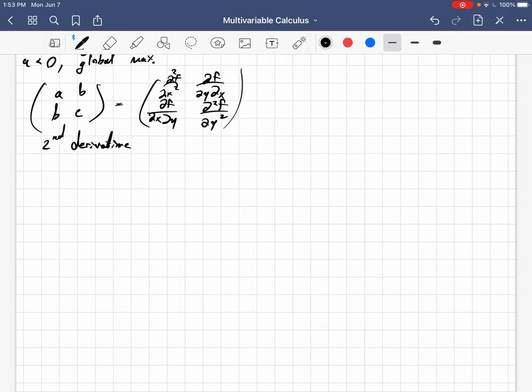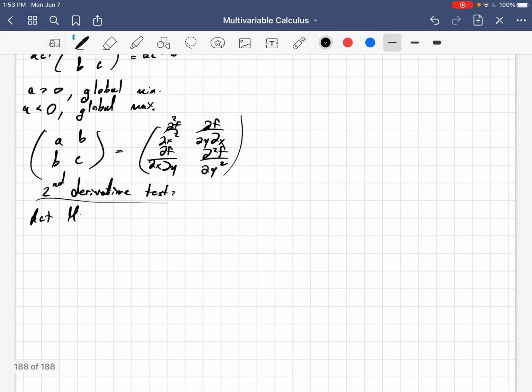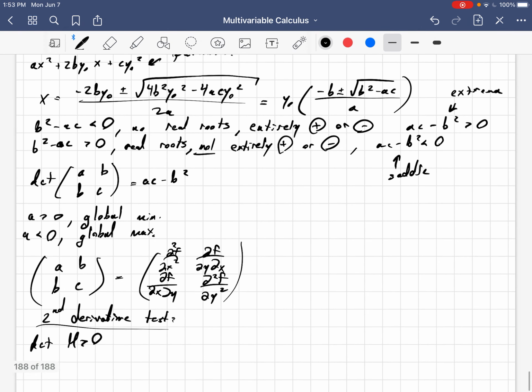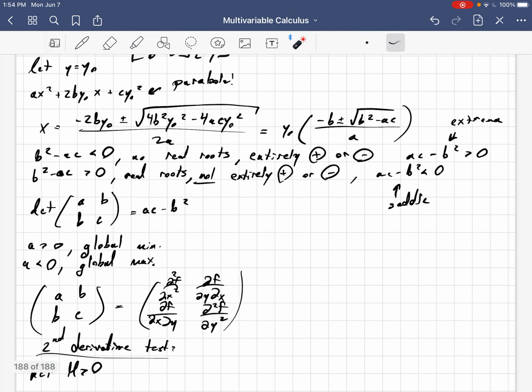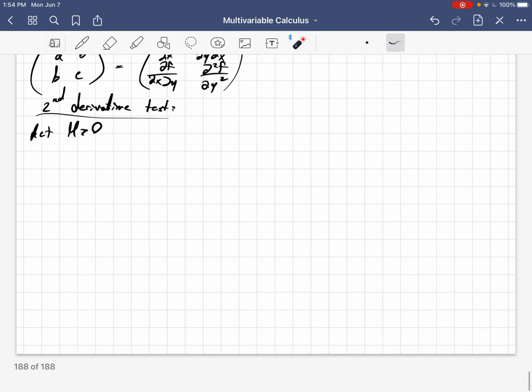So the second derivative test says that at a critical point, if the determinant of H, the Hessian matrix, is greater than 0, then we have an extrema.